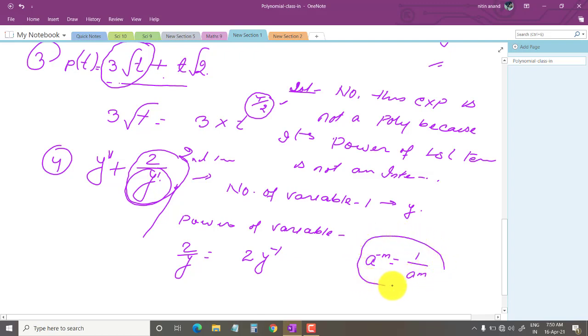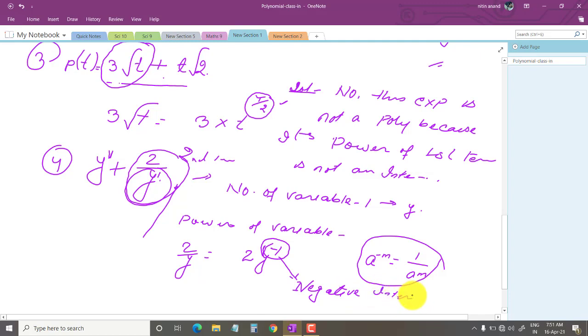This question is based on the reverse of that example. 2 by y equals 2 into y to the power minus 1. The power of y is minus 1, and minus 1 is a negative integer.